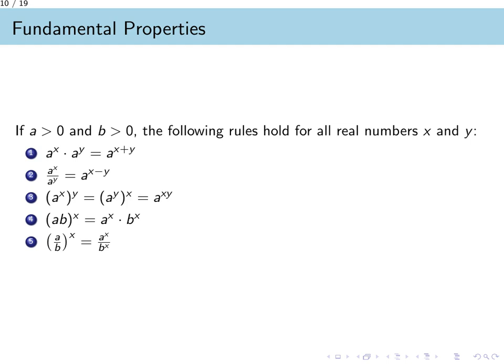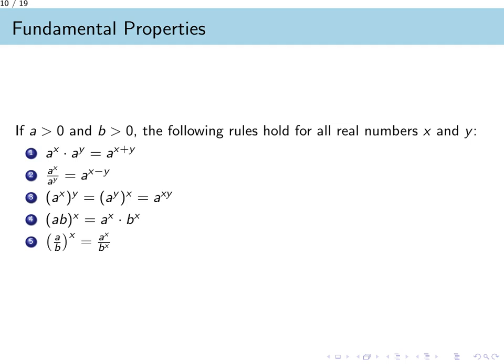The first 2 rules address multiplication and division when the base is the same. When you multiply 2 such terms, like a to the power x times a to the power y, you add the exponents, and when you divide, you subtract them. The third rule states that raising an exponential term to another power, as in the quantity a to the power x, all raised to the power y, is equivalent to multiplying the exponents.